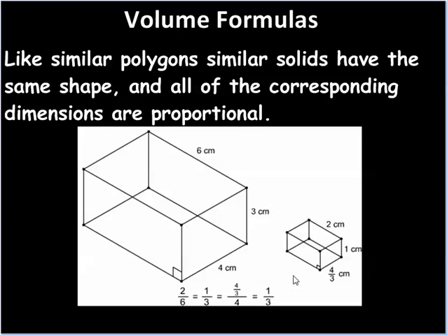You'll notice they used the length 2/6 and then reduced it to 1/3. Then right here they took the smaller, 4/3 over 4, and you flip that around and do some multiplying, and you're still going to get 1/3. All this business of reducing is exactly why I look for the smallest numbers, so I don't have to worry about reducing. I try to get out of that if I can.